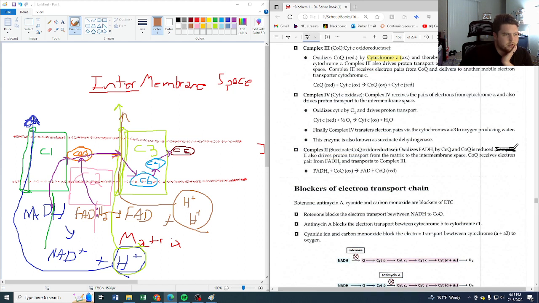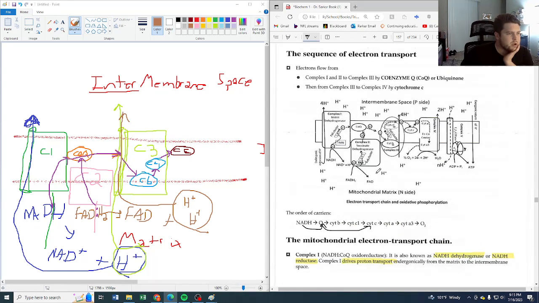I would ignore this part here. I don't know if that's a typo or if it's just worded weird, but complex 2 does not actively transport hydrogen through. The release of the hydrogen helps pump up through, but as we can see here, it does not bring hydrogen straight across.